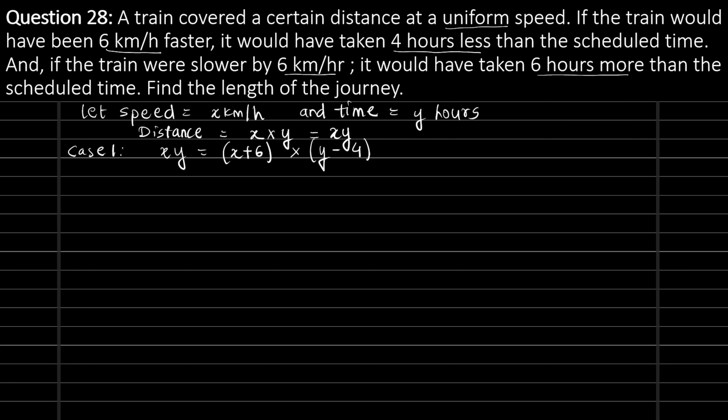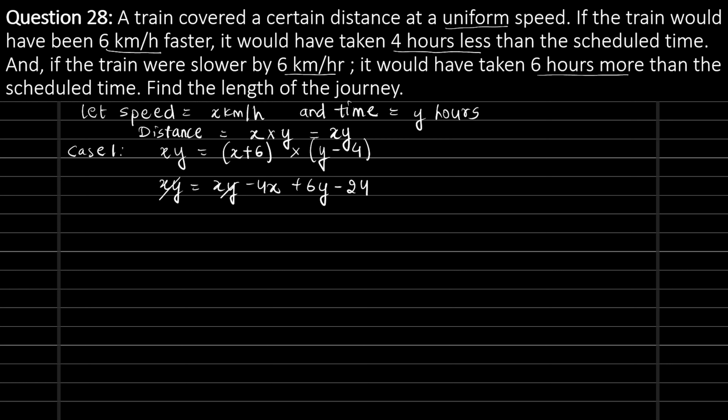Now let's try solving this further. It would be xy equals x into y, xy, x into minus 4, that is minus 4x, plus 6 into y, that is 6y, and plus 6 into minus 4, that will be minus 24. Now xy and xy cancel out.